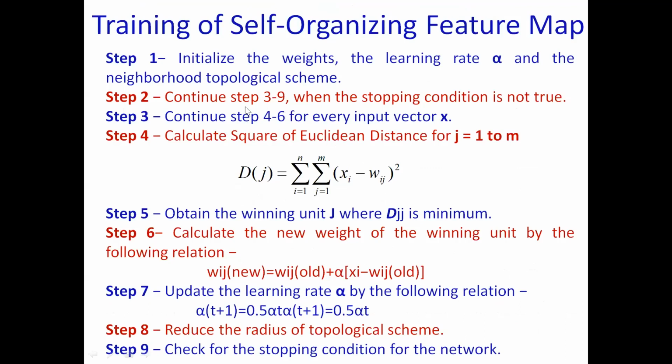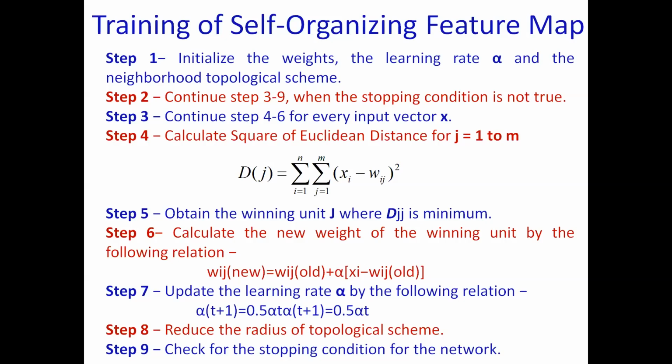At the very beginning, we initialize the weights. Along with the weights, we have to initialize the learning rate as well, and also the neighborhood topological scheme, that is, which scheme we are going to follow, whether hexagonal or rectangular.